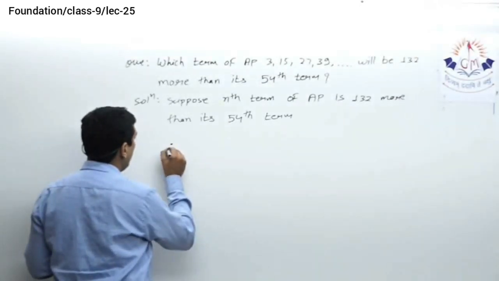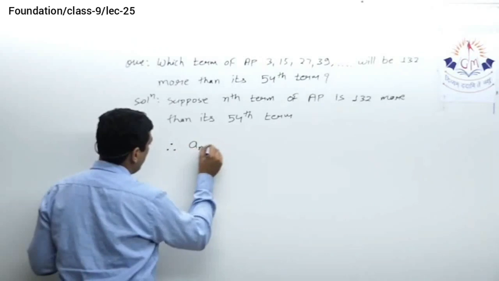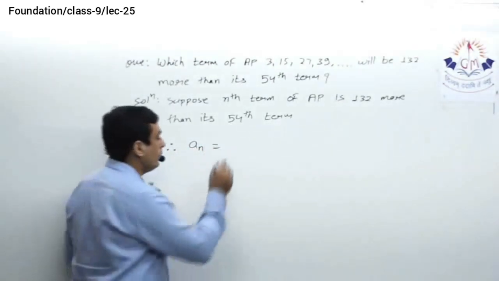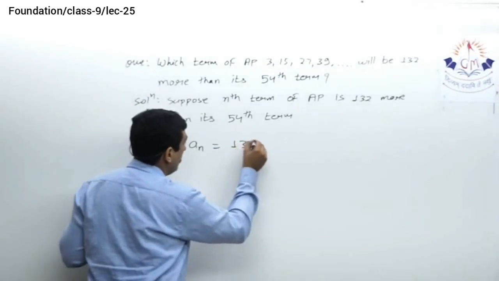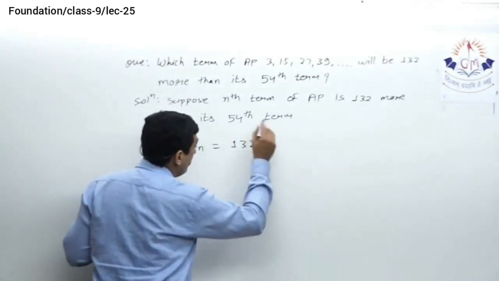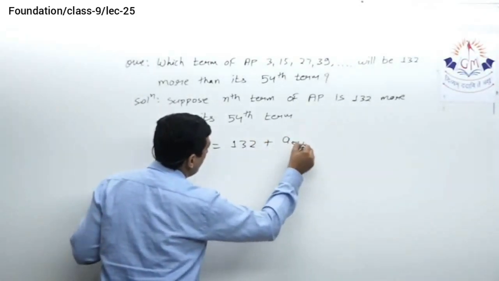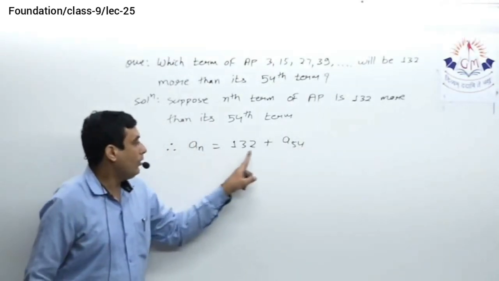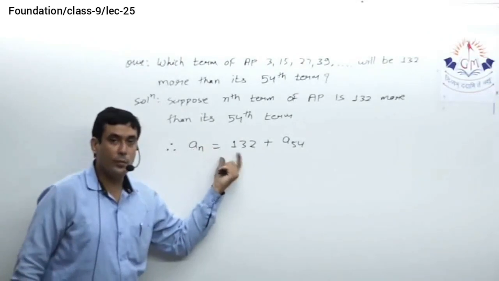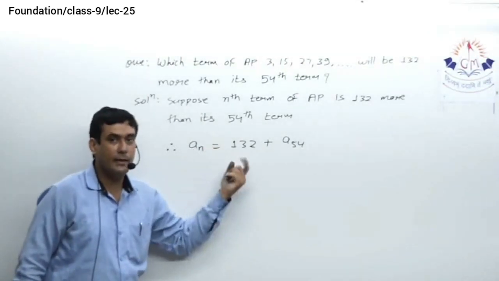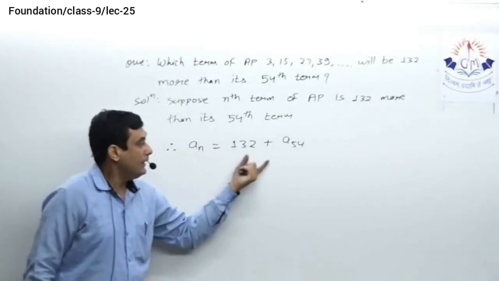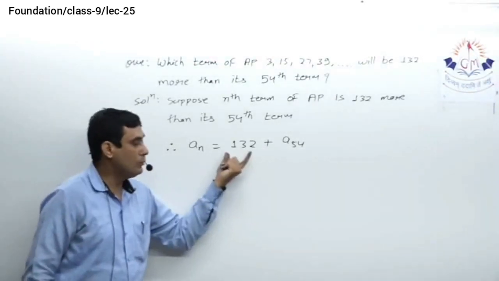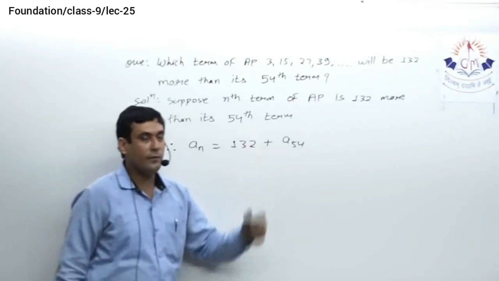Therefore I can say, according to question, this nth term is how much more? 132 more. So it is 132 more than what? 54th term, that is A54. Again, nth term of given AP exceeds its 54th term by 132. So an is equal to 132 plus a54.